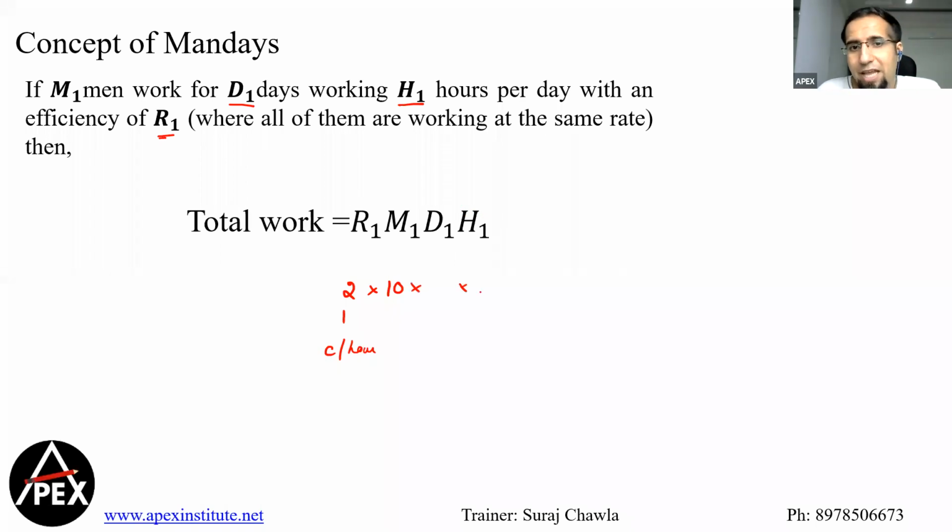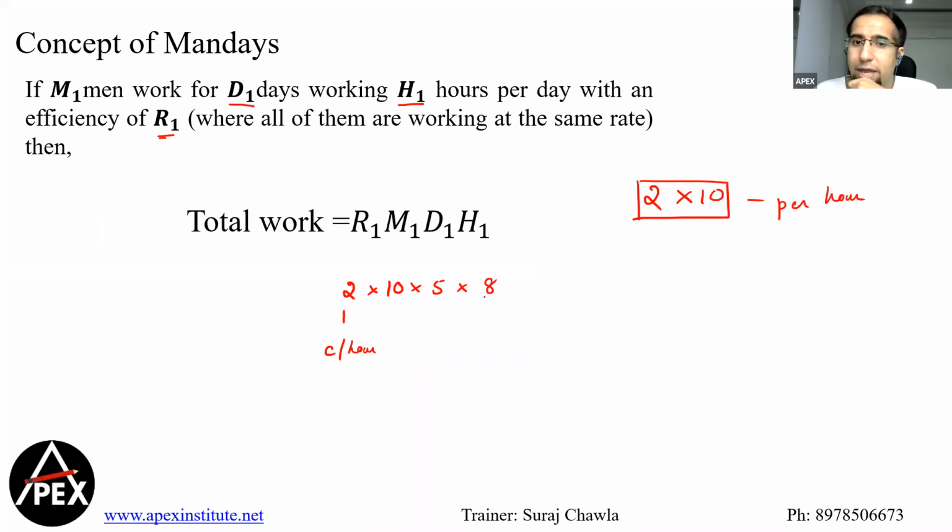They are working for 8 hours and they are working for 5 days. So you see this, guys, 2 chocolates per hour by 1 person. So in 1 hour 20 chocolates. I repeat, this is per hour.